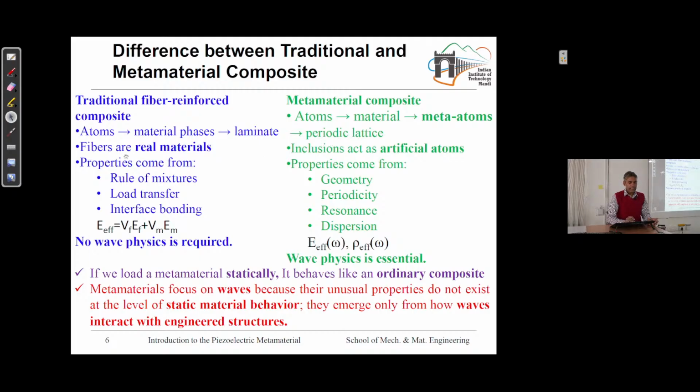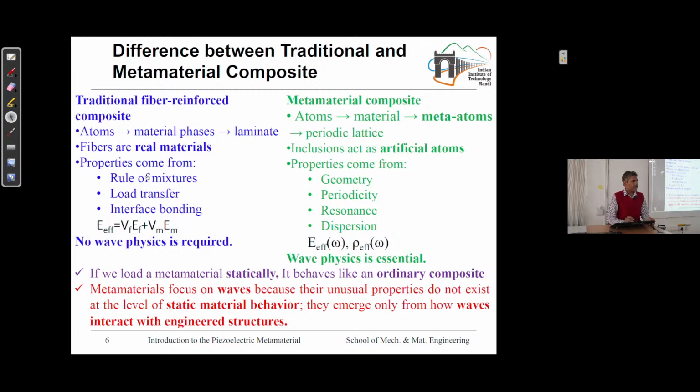Fibers are real materials in a traditional composite, but in a metamaterial composite the meta-atoms are artificial atoms, because we design them according to our requirement.